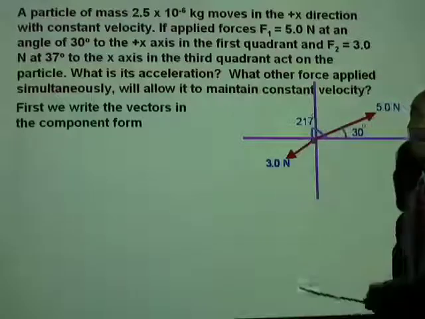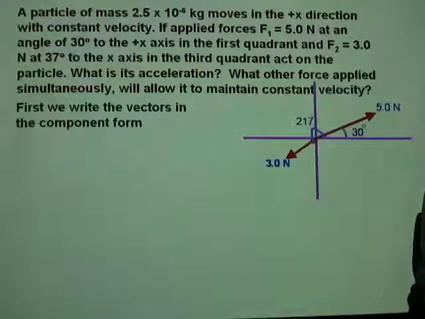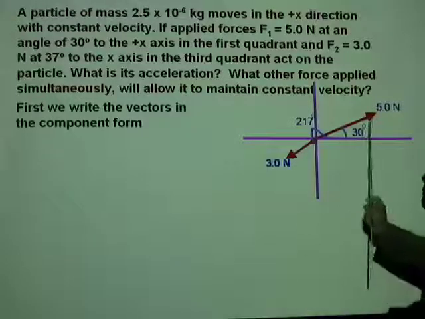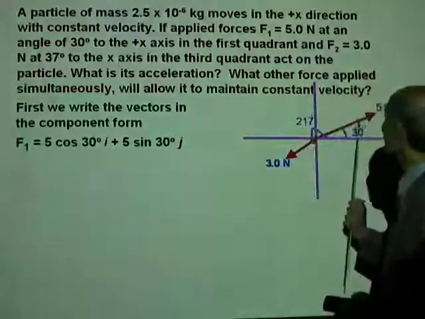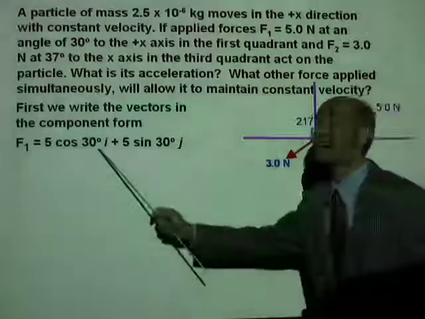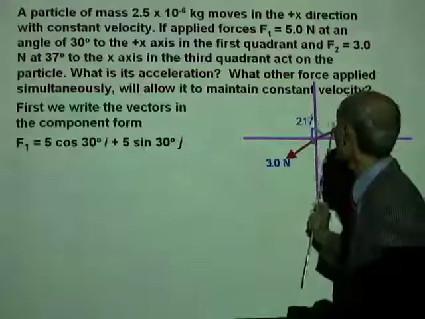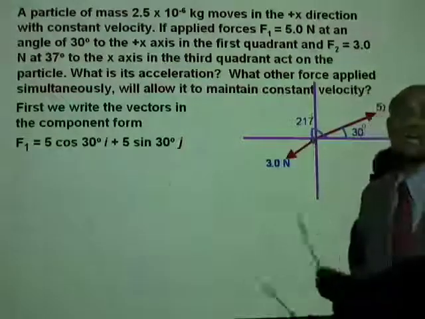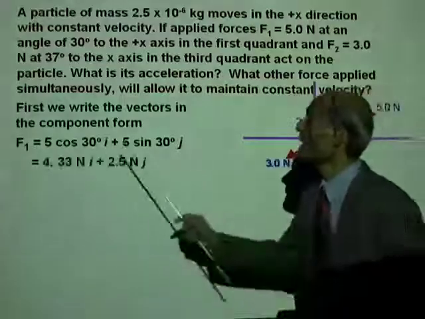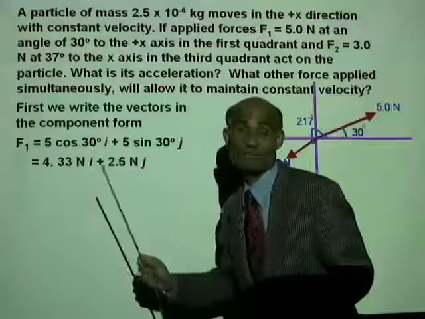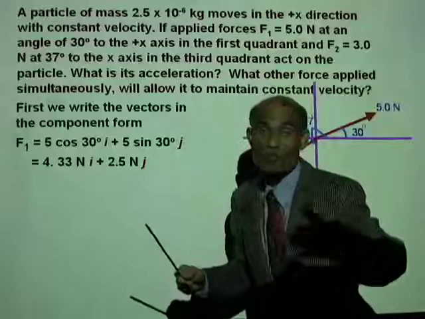5 Newton at an angle 30 degrees. When you write that in the component form, it will become F1 is 5 cos 30 degrees I plus 5 sine 30 degrees J. The x component and the y component, and obtain their values. Now you got to do this along with me.